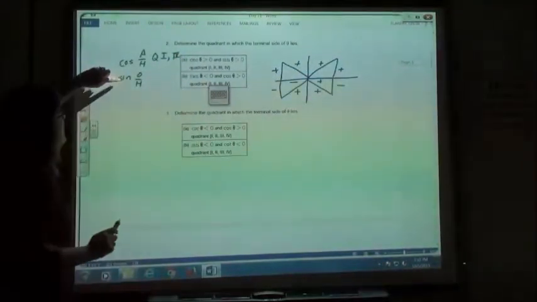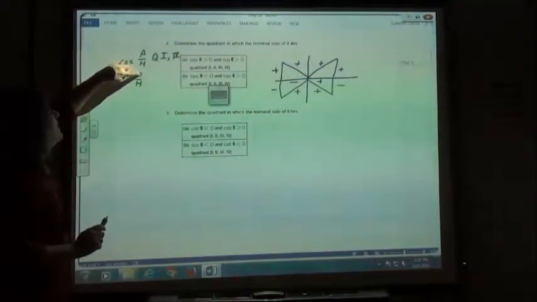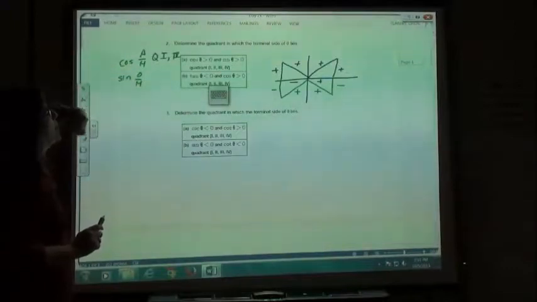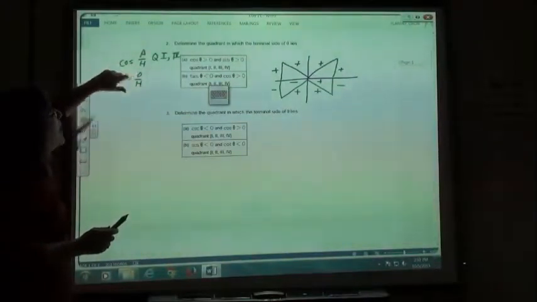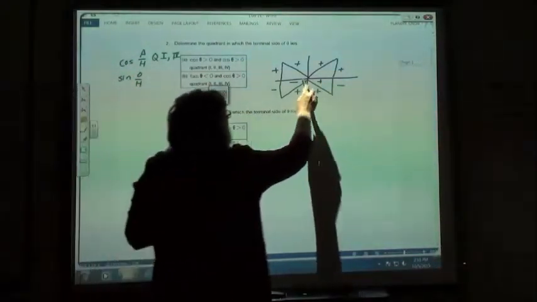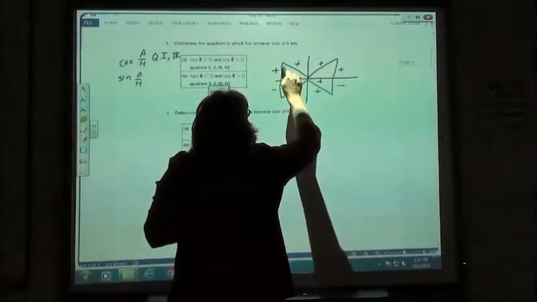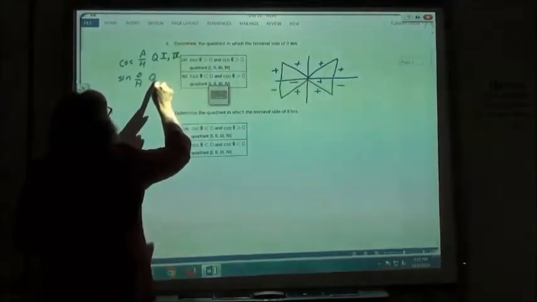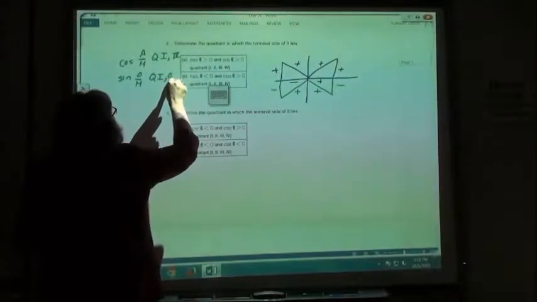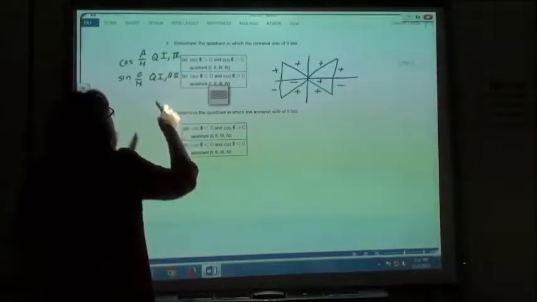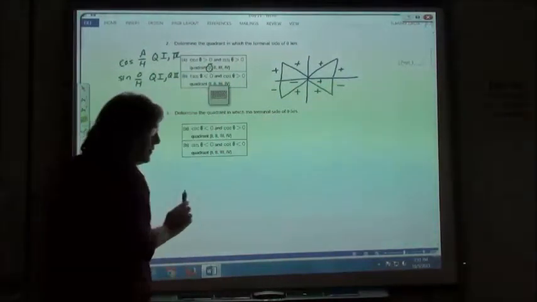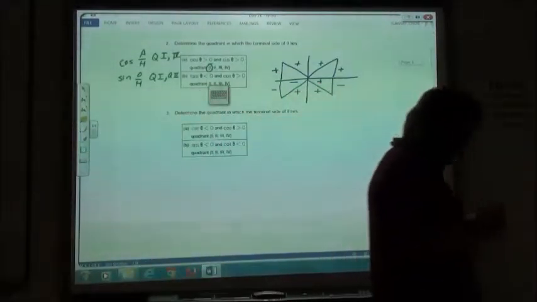I want my sine to be positive, so I want my opposite to be positive over my hypotenuse, which is always positive. So I'm looking for the opposite side to be positive. My opposite side is positive in quadrant 1 and quadrant 2. So where does that match up? Quadrant 1 would be where I would match up.